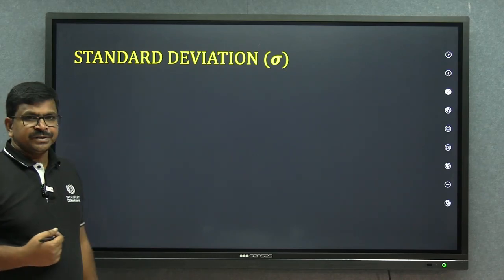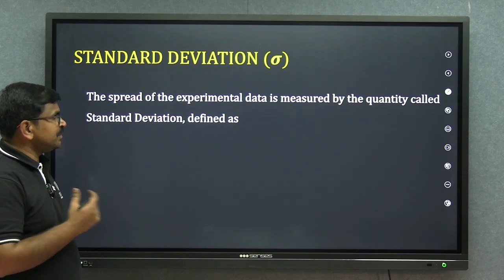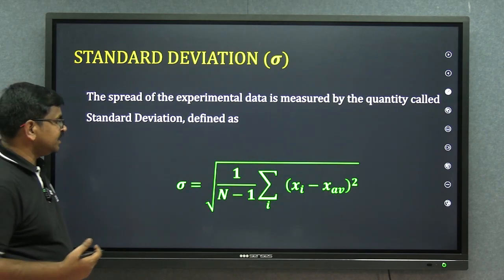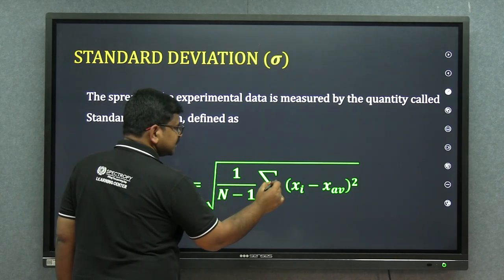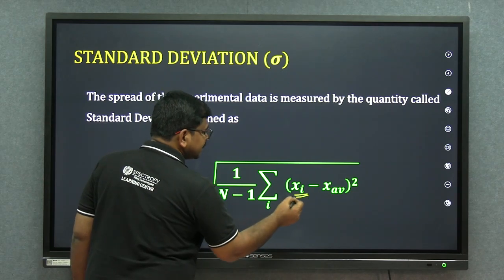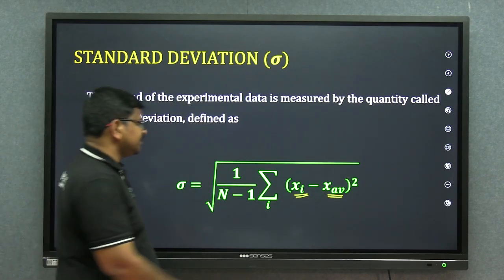And standard deviation, how the deviation is occurring. To estimate that, we have a quantity framed for that purpose, that is standard deviation is square root of 1 by n minus 1 sum of xi minus x average, squared. Xi is each observation, x average is the mean value. Just now we have found out this x average.